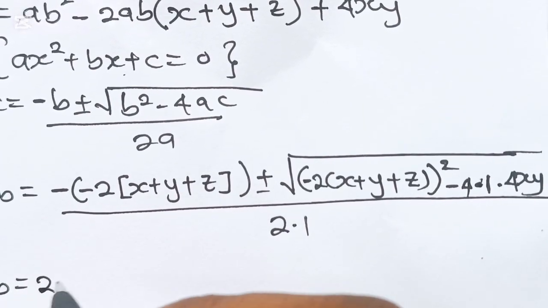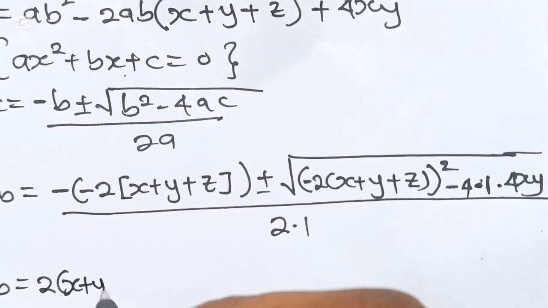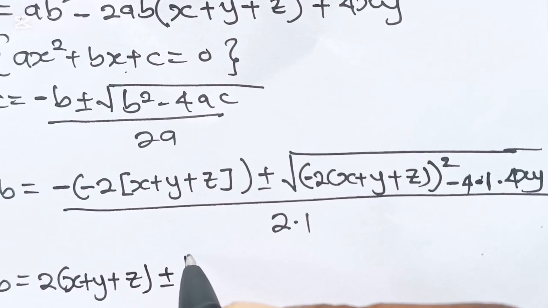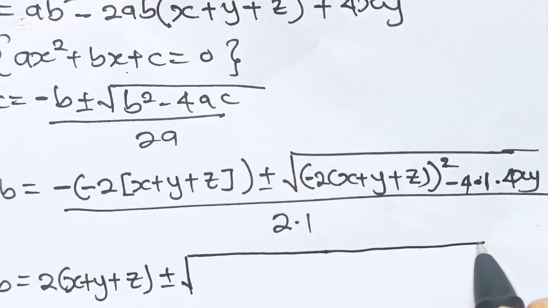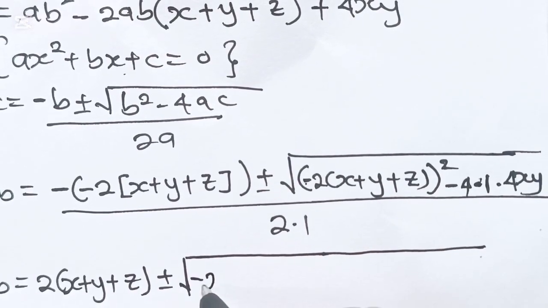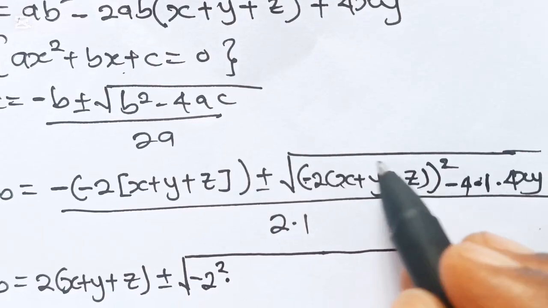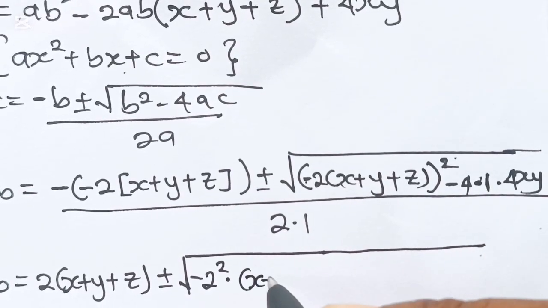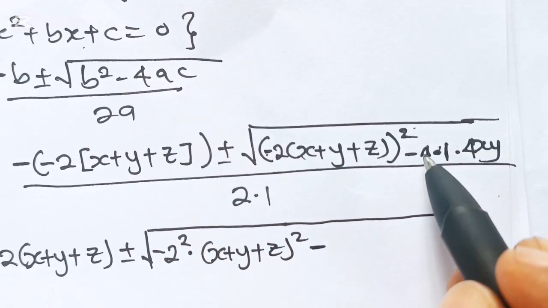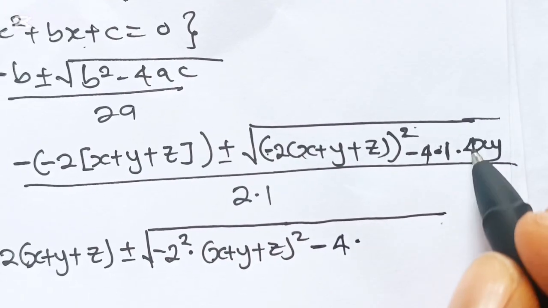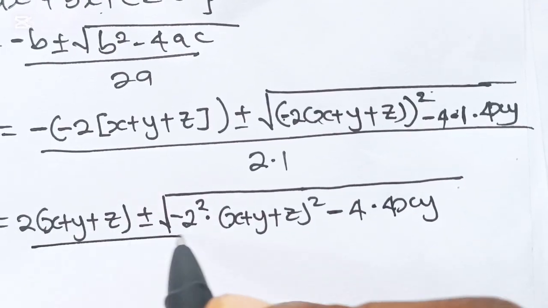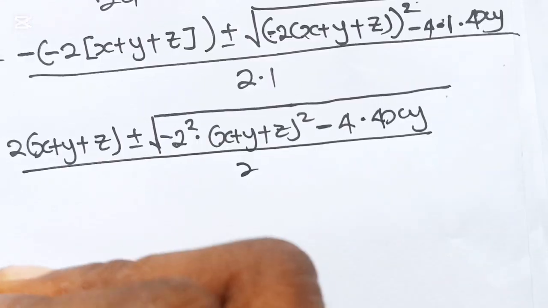So what we have here is 2 bracket x plus y plus z, plus or minus the square root of, now this will give us minus 2 squared multiplied by this bracket squared, right? x plus y plus z squared, then minus 4 multiplied by 4xy, everything divided by 2.